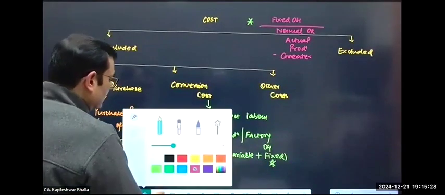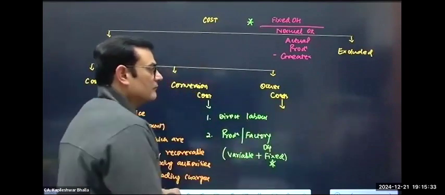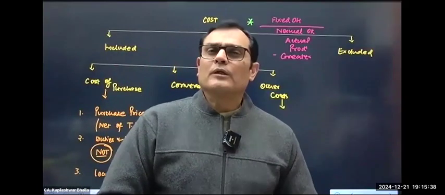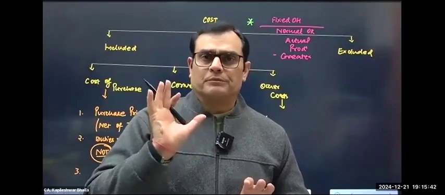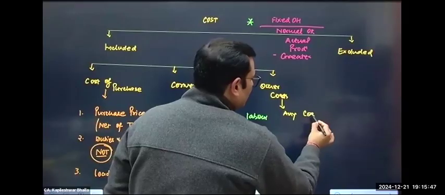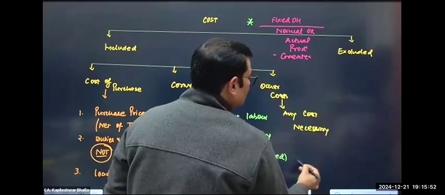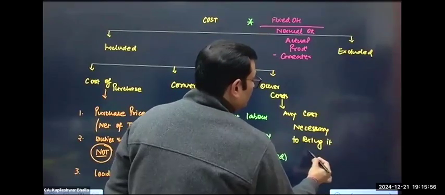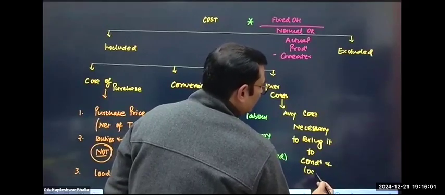Now comes the other costs. In terms of other costs, the standard says any cost which is necessary so that you bring the inventory to its location and condition. They say any cost which is necessary, an unavoidable cost to bring it to the condition and location of sale.